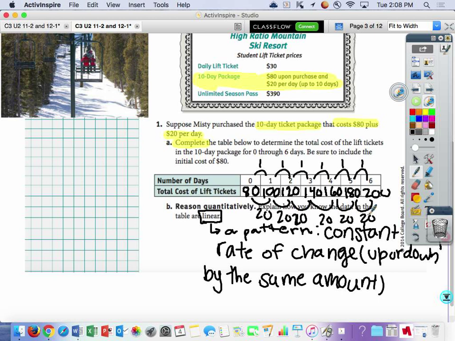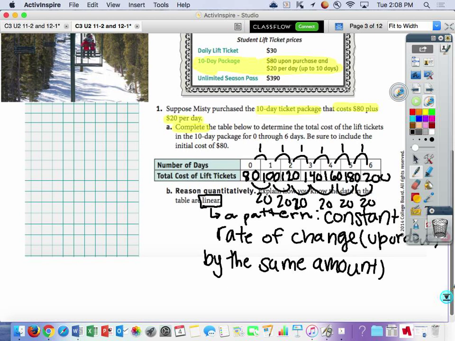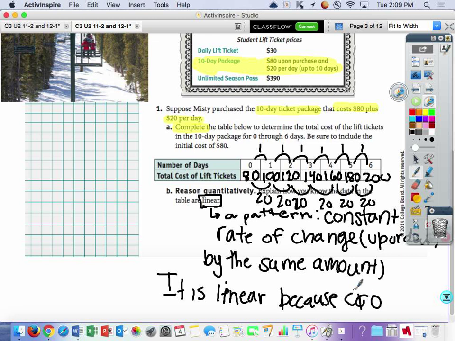Rate of change, it's always going 20 and 1, 20 and 1. So it's always the same amount. It's always going up by the same amount. So because of this, it's linear. So we're going to say it is linear because it has a constant rate of change. And I am taking notes, so I'm going to write in shorthand. So we're going to put constant rate of change, CROC.